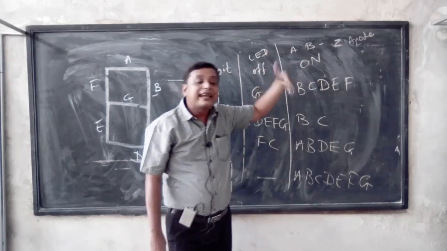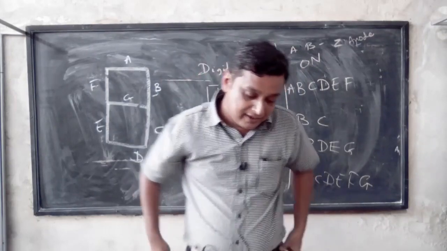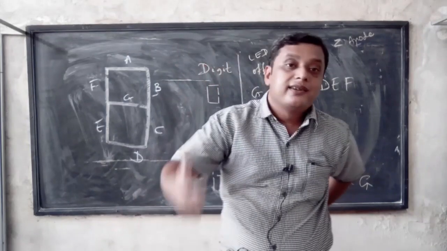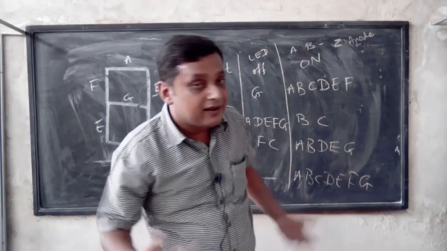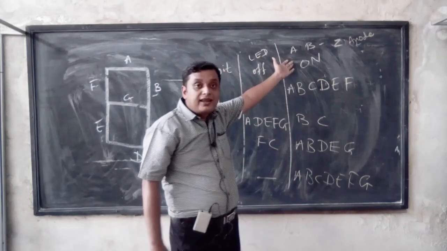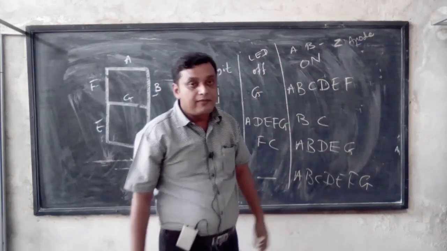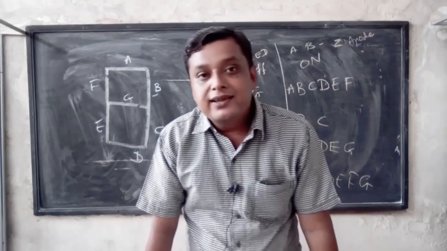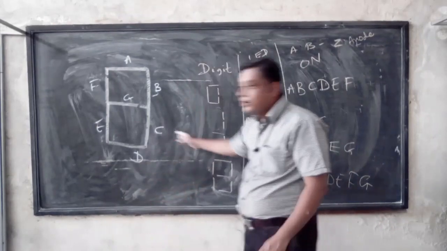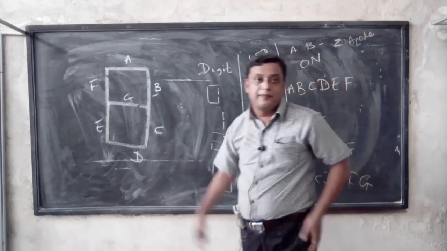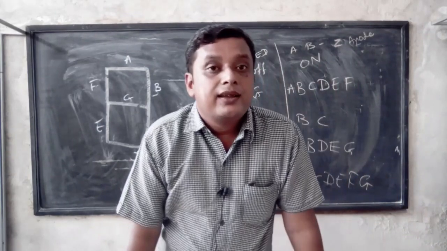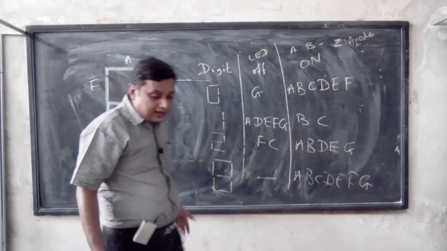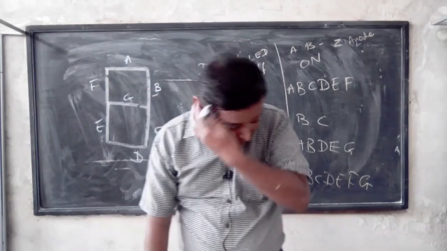Each and every character is displayed from an advertisement point of view. We have seen that there are different display systems to represent characters ABCD, and the 7 segment display unit lets us see the representation. So this was the 7 segment display unit.